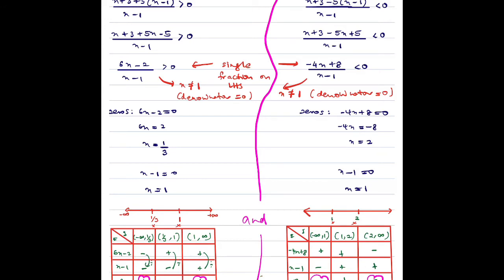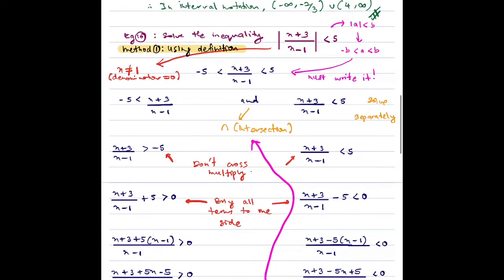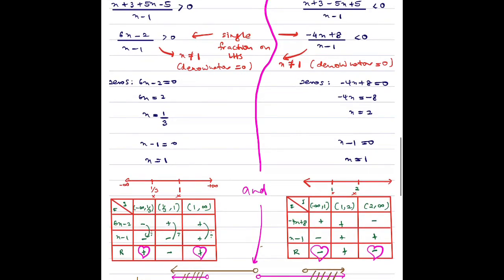Choose a test value from each interval. Since the question is strictly greater than, we exclude 1 over 3: when x is 1 over 3, 6 times 1 over 3 minus 2 is 0, and 0 over something is 0, so 0 greater than 0 is a false statement.